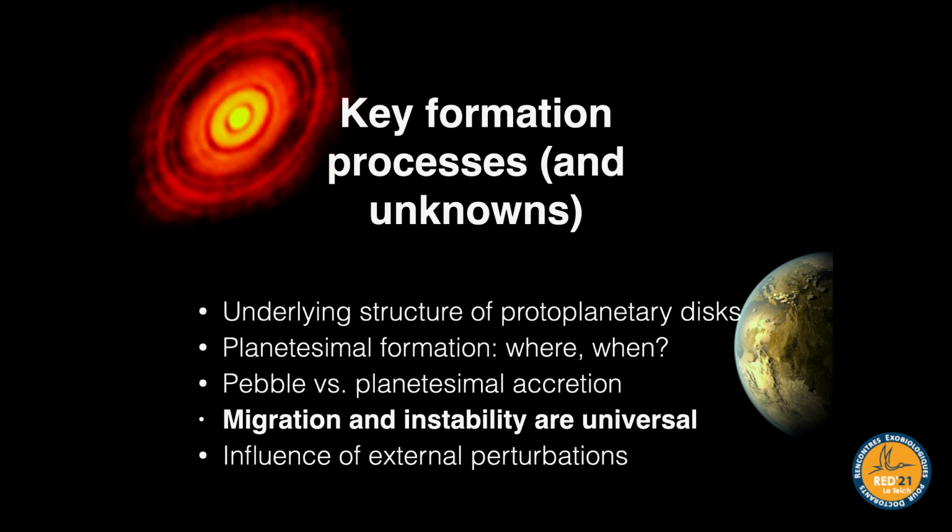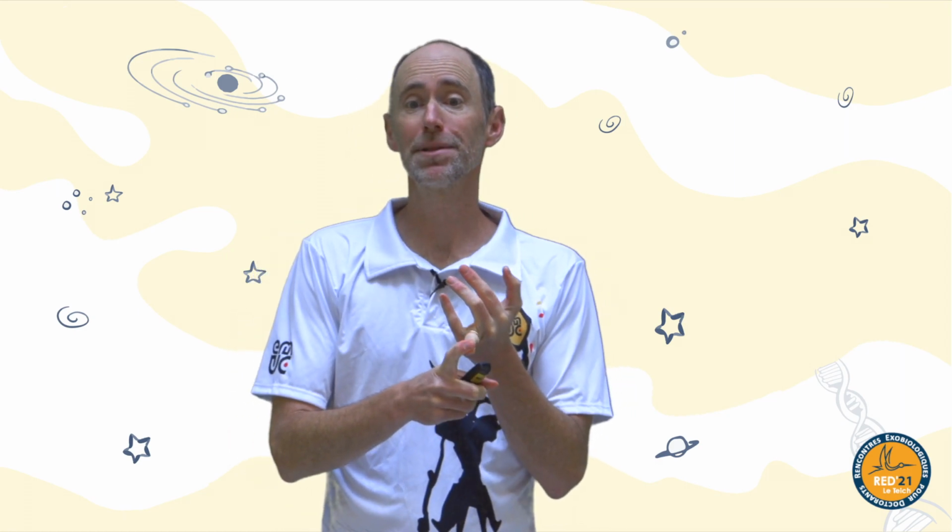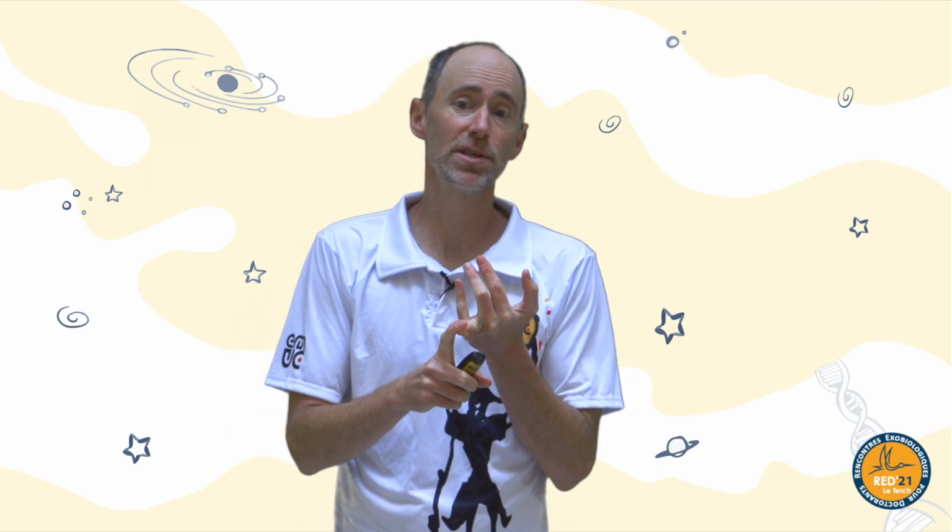And now, what are the key processes and unknowns in all this? Well, the most important unknown of all is understanding the real structure and evolution of gas disks themselves. This is an area of study right now, and we really don't have the answer. Where and when planetesimals form is key. The balance between pebble and planetesimal accretion in different places is really important.